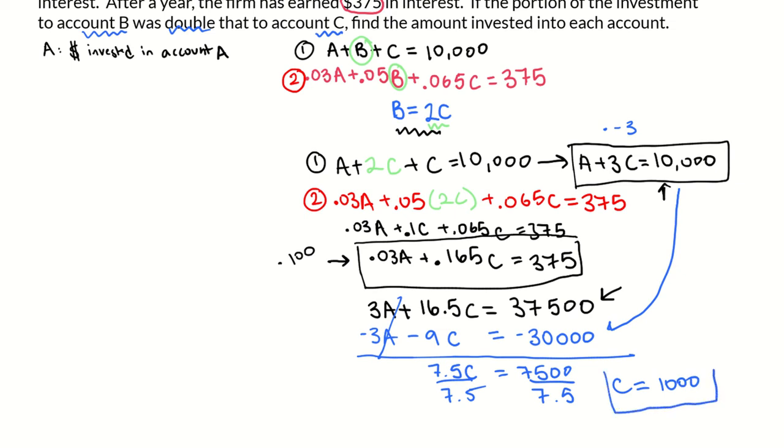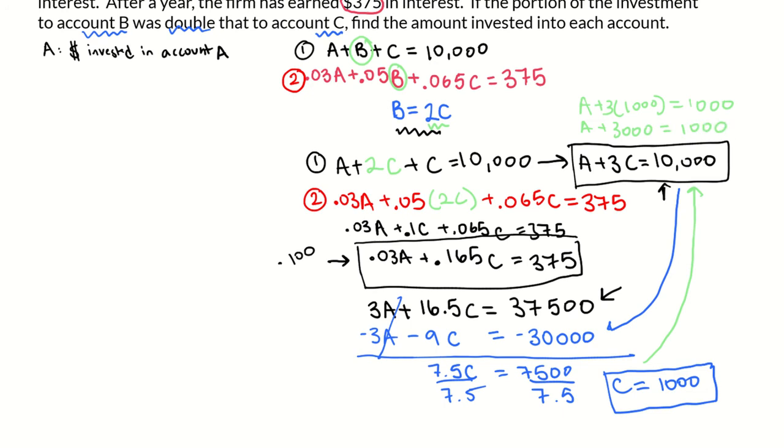So now we have the investment in account C. To find the investment in account A, we can now plug this value back in to this equation that we just used. That would be A plus 3 times 1,000 equals 10,000, or A plus 3,000 equals 10,000.